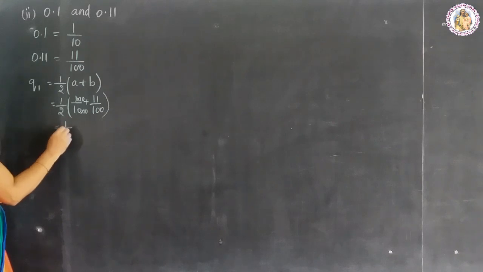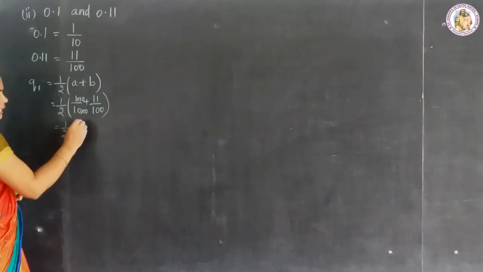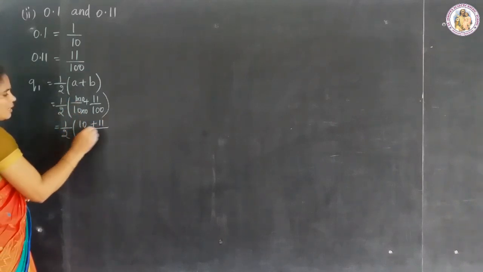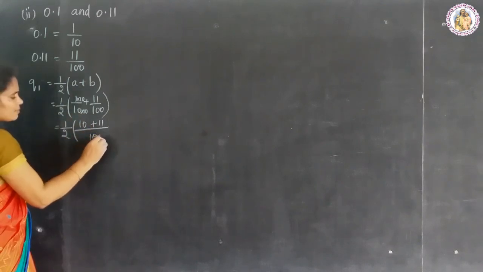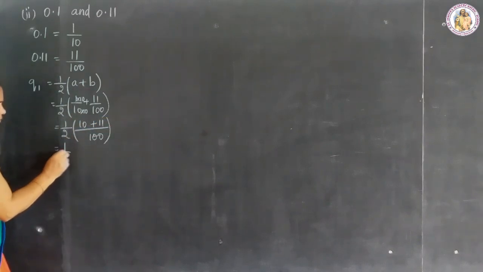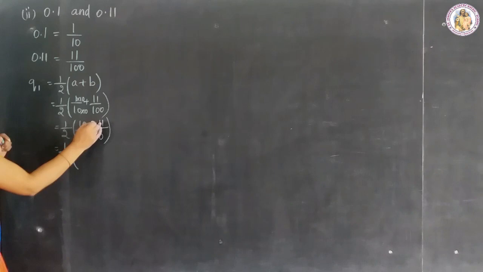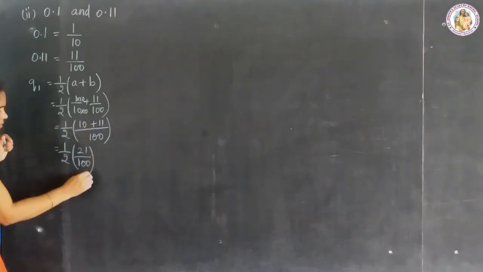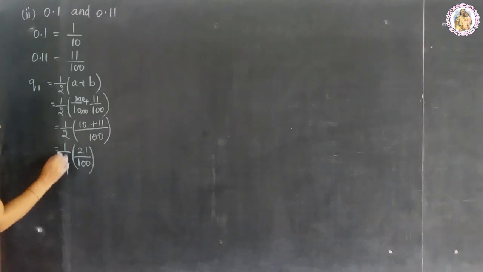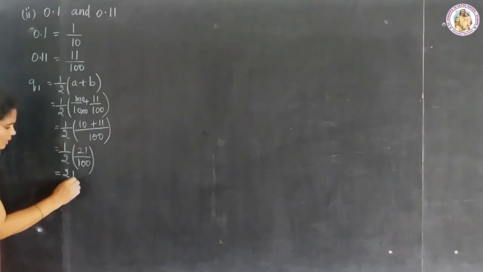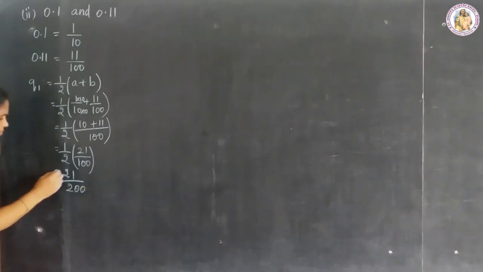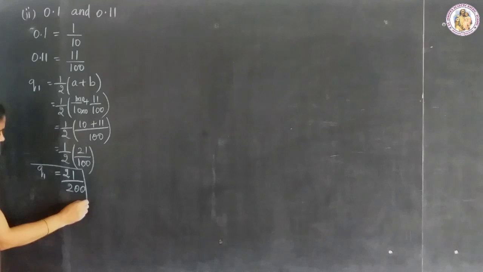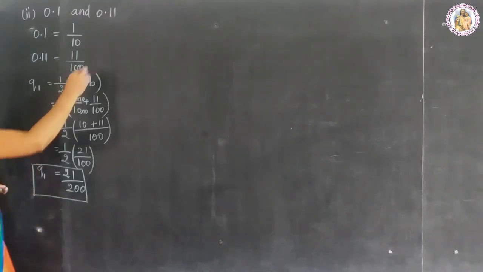So 1 by 2 within bracket 10 plus 11 by 100. So 1 by 2, 10 plus 11, 21 by 100. So 1 twos are 21 by 2 into 100, 200. So Q1 is equal to 21 by 200.